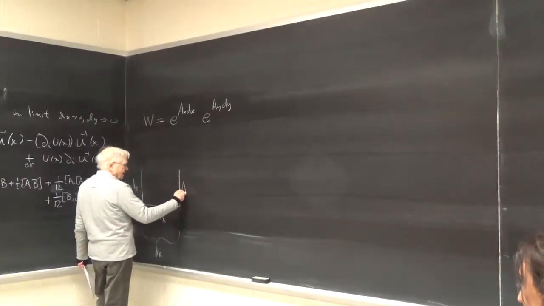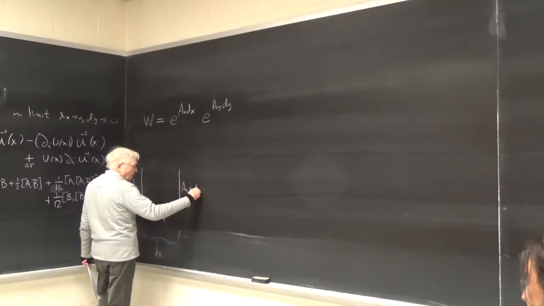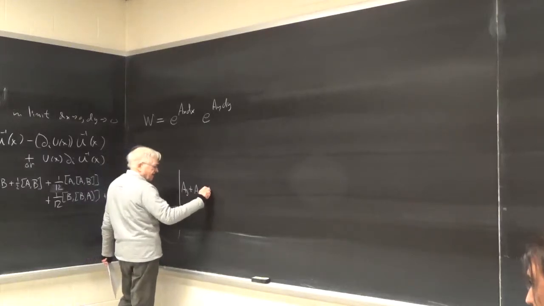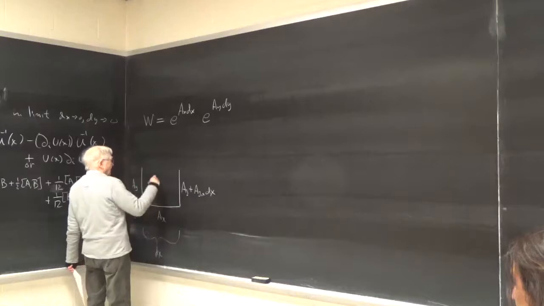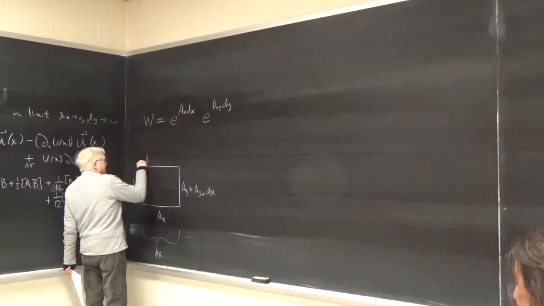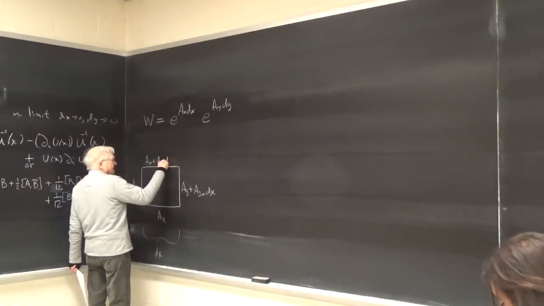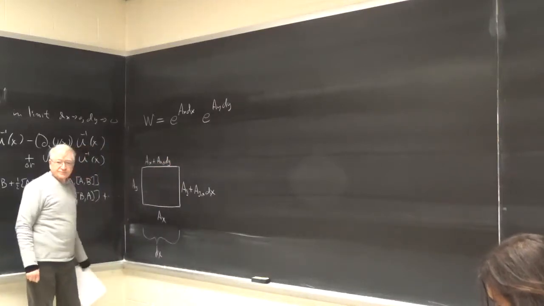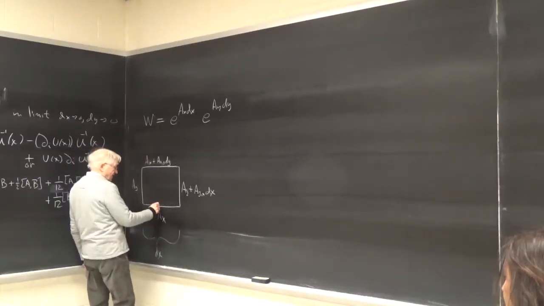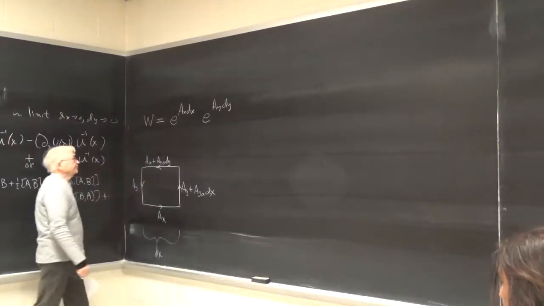But here we have A_y plus A_{y,x}, in other words, the x derivative of A_y times dx. And up here we have A_x plus the y derivative of A_x times dy. But now this is an ordered path integral, and it's ordered like that.